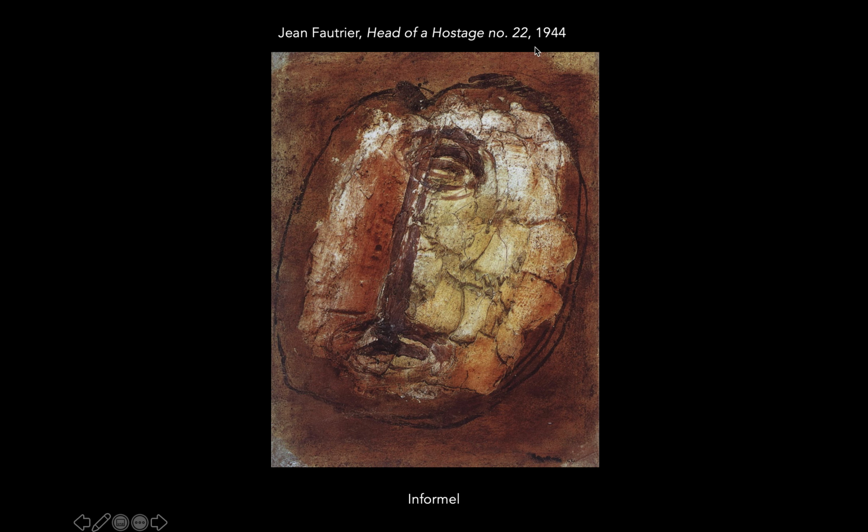And so you get this sense of this is a head, but it's a head that's been unspeakably maimed, right? It's as if he himself, as a painter, is maiming this face that's on this canvas, and it seems muddy. It seems dirty. It's just really quite brutal, right? It also doesn't give you a great sense of seeing.